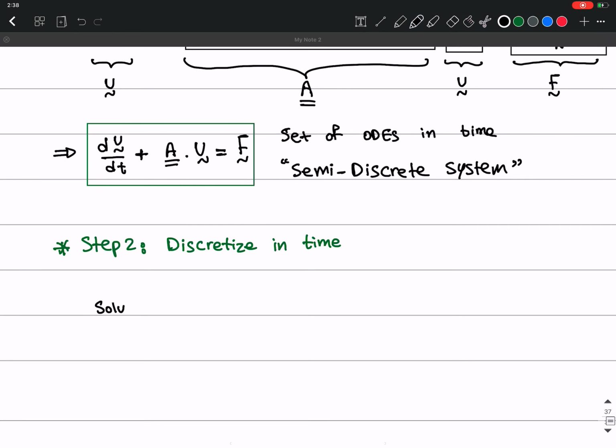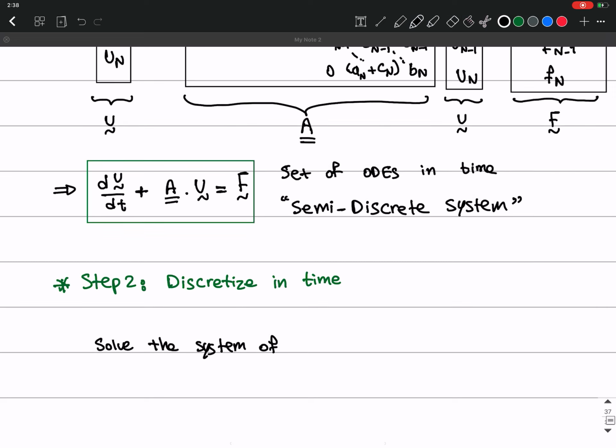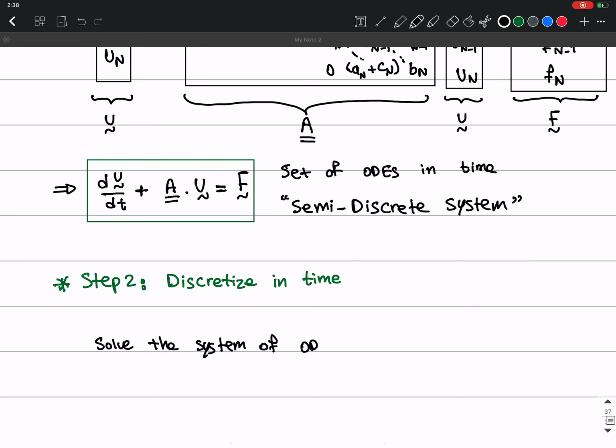So solve the system of ODEs using time stepping or time marching methods.